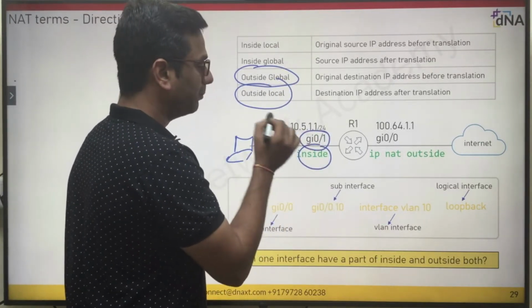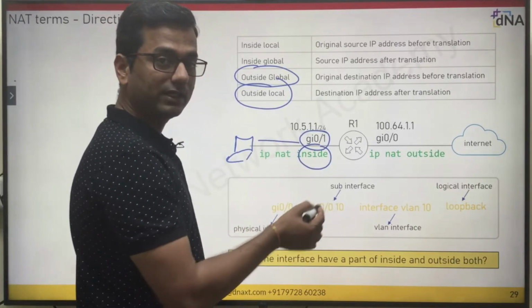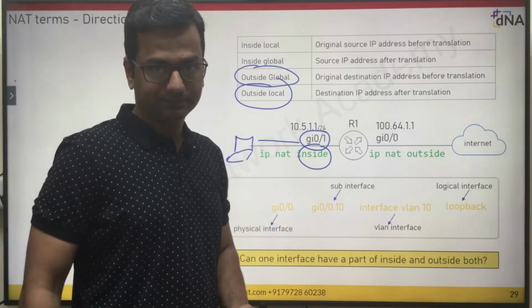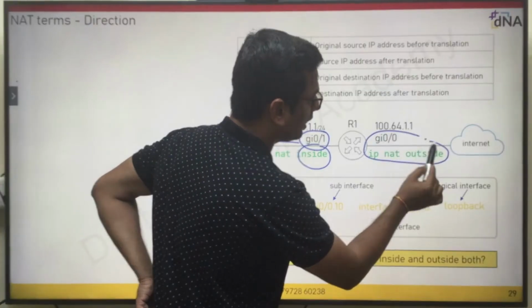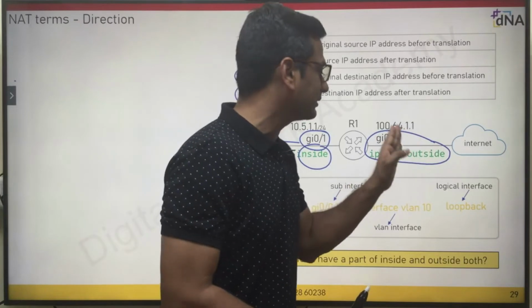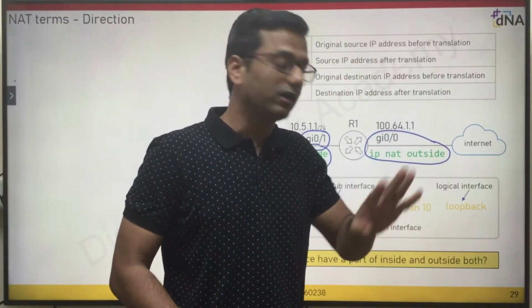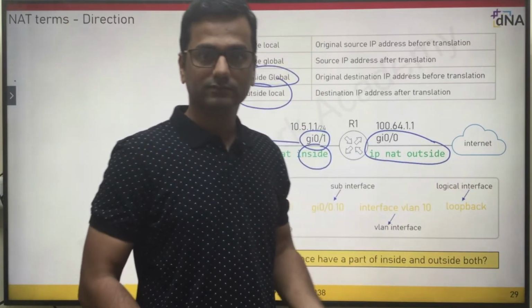If accidentally you configure the command ip nat outside, what will happen? The inside command will get overridden by the outside command. Similarly, if you already configured GigabitEthernet 0/0 as an outside interface, and accidentally you configure ip nat inside on it, the ip nat outside will get overridden by the inside, right?